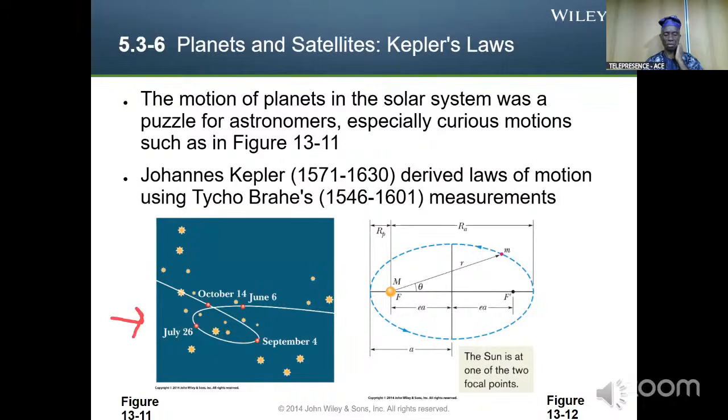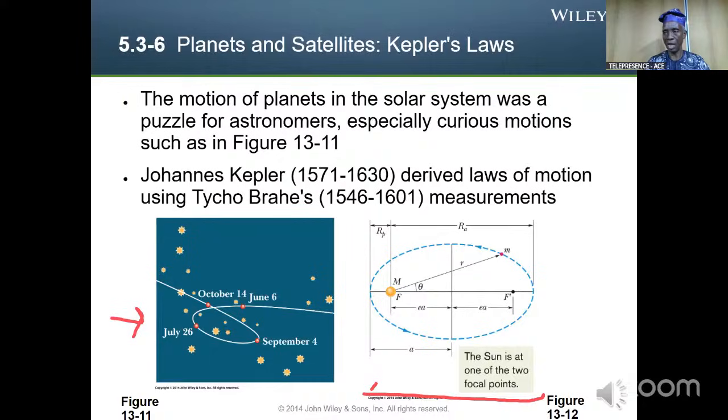It looks complicated, but look at the data. Kepler was able to convincingly show that the planets generally move in an elliptical orbit. And you can see an ellipse here. So what's an ellipse? Ellipse is just like a circle that is elongated, flattened. And so an ellipse has two foci, a focus 1 and focus 2.